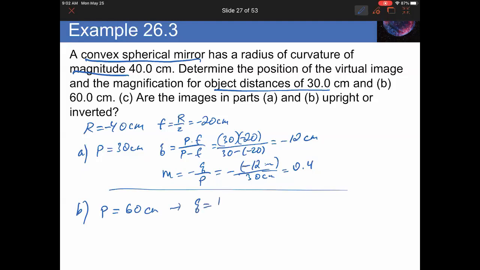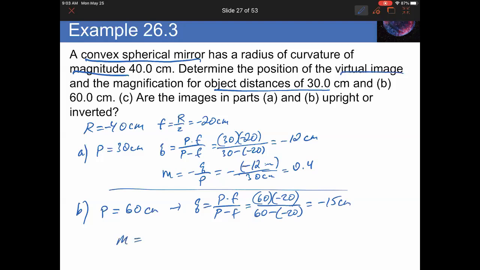Q equals P times F over P minus F. And this is now 60 times -20 over 60 minus -20. Again, if I do this calculation, I'm going to get -15 centimeters. So again, it's negative, means it's in back of the mirror. And this is what we should expect anyway, because it's a virtual image always. We're given that from the beginning.